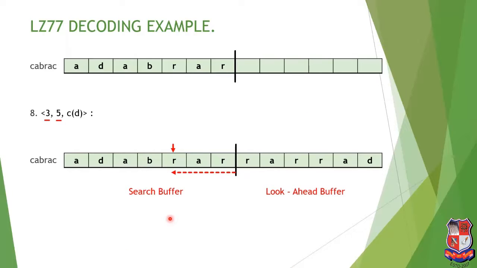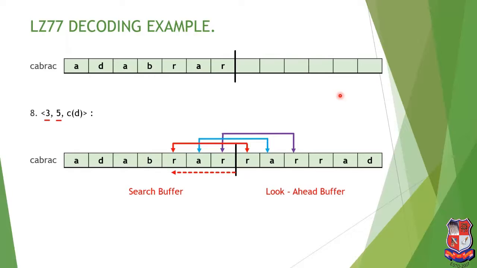So we copy that symbol A from the search buffer to the look ahead buffer. See here, copy that symbol R, then copy that symbol A, then copy that symbol R into the look ahead buffer. See here, we have to copy the 5 symbols.